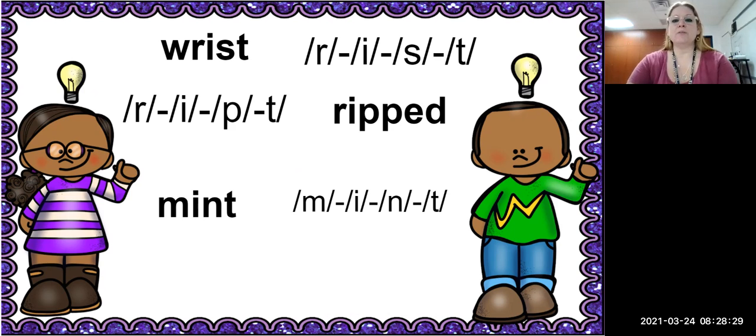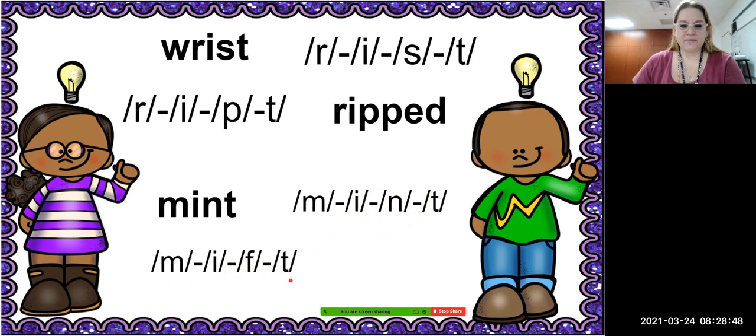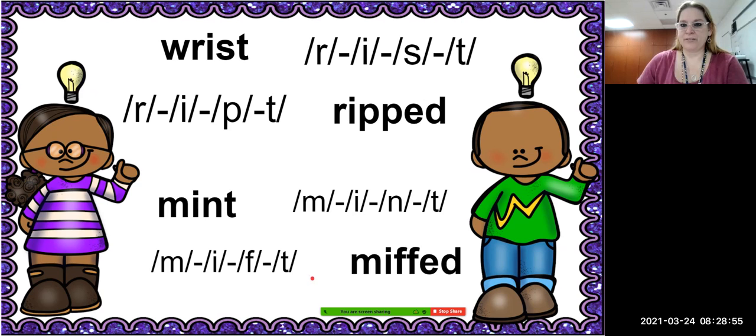Which sounds make up the blend of that word? Yes, the nt. Nt. We're going to replace the n sound with f. All right. So now we have m-ift. M-ift. What is that new word? It is miffed. Very good.